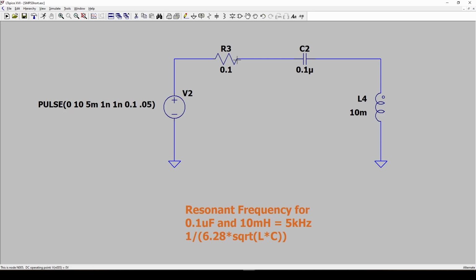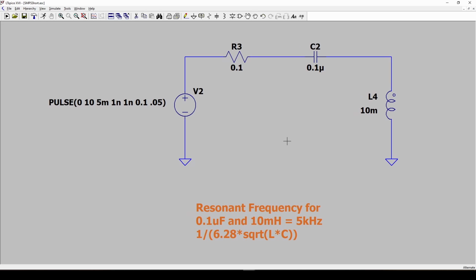So a high Q factor means there's a lot of inductance relative to the resistance, and a low Q factor means a lot of resistance relative to the inductance, which means that with a low Q factor, you're going to expect quicker damping than with a high Q. So kind of related, but really not that important in this discussion.